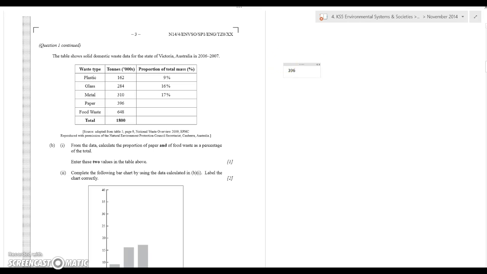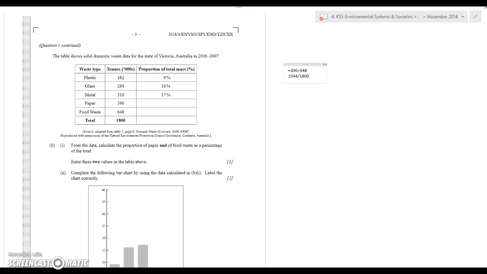Paper is 396 plus food is 648. I think I can get OneNote to do this. Nope. So 1044 is the total, divided by 1800.